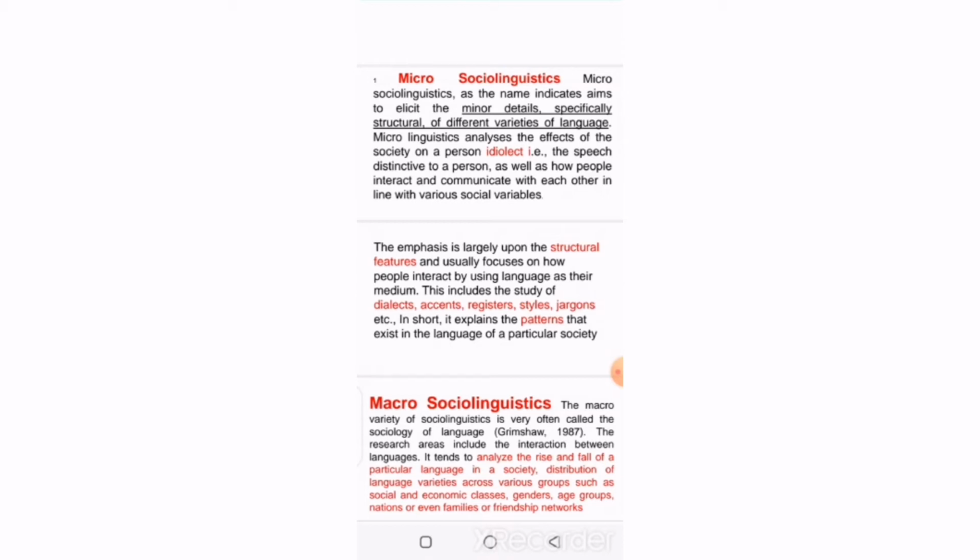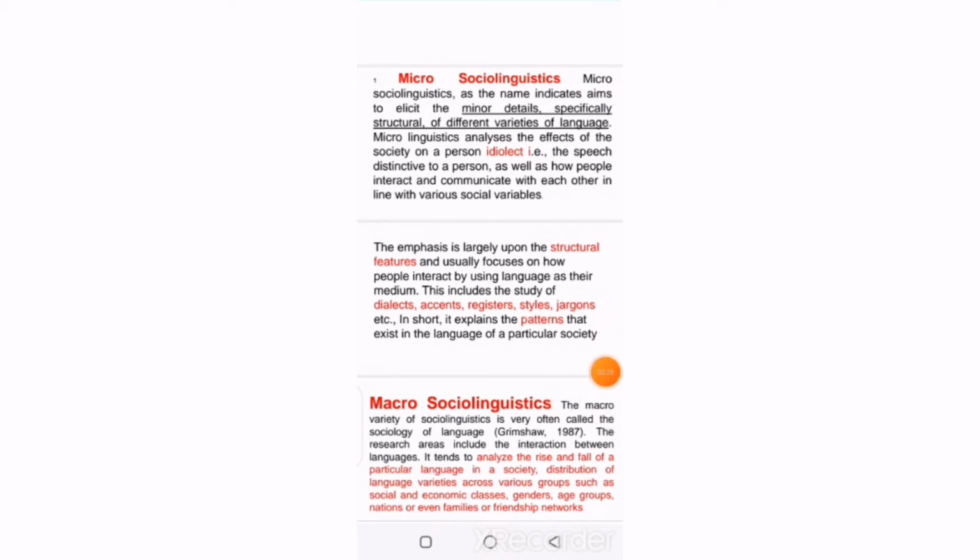Sometimes these variations are register, idiolect, accents, and different styles, patterns, jargons. As we have studied, idiolect is a personal habit of speech and register is the professional use of a language.